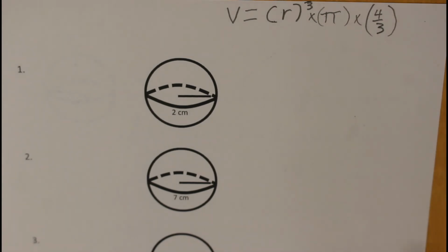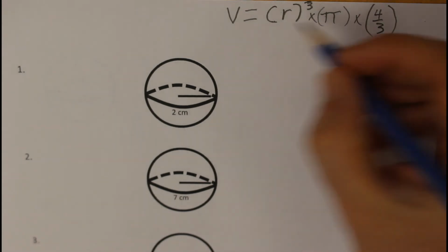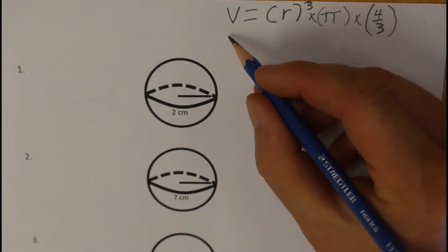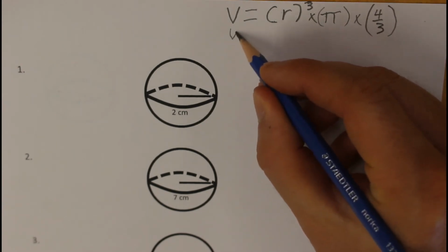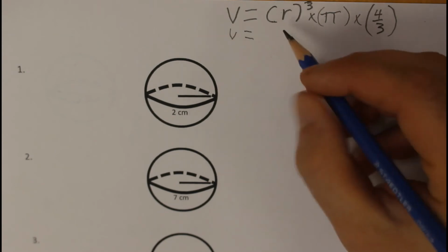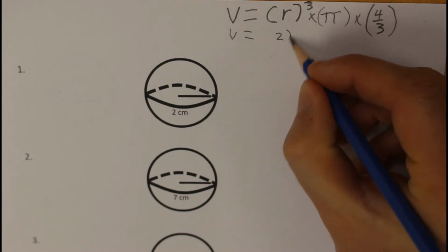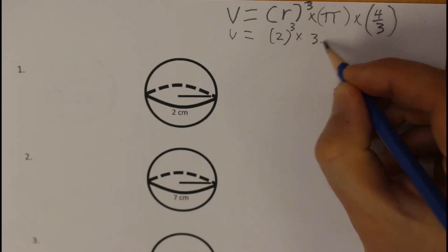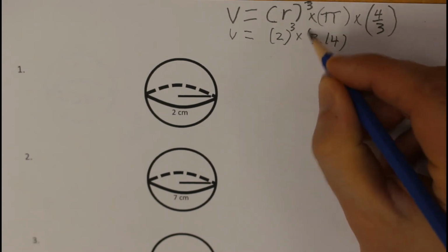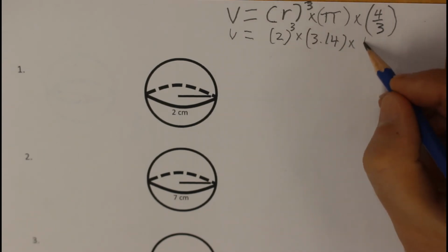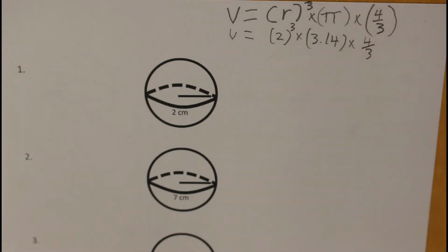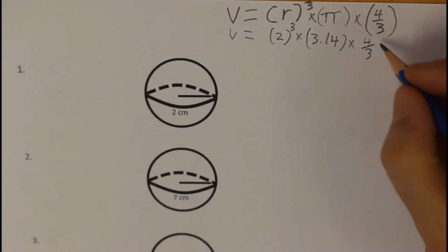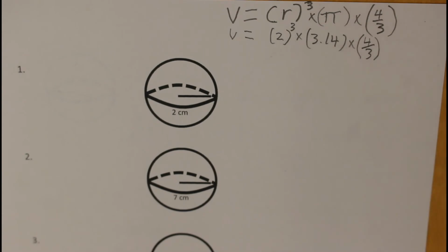All right, so what is the radius this time? So radius this time is 2. Pi is always 3.14, and 4 over 3 is always going to be 4 over 3. So equals 2 cubed times 3.14 times 4 over 3. Also, you don't need to do brackets. I do that because I'm a bit of a messy writer, as you guys obviously know.